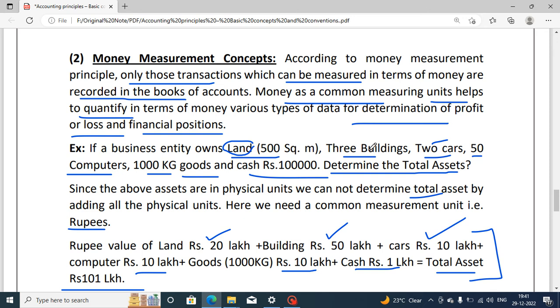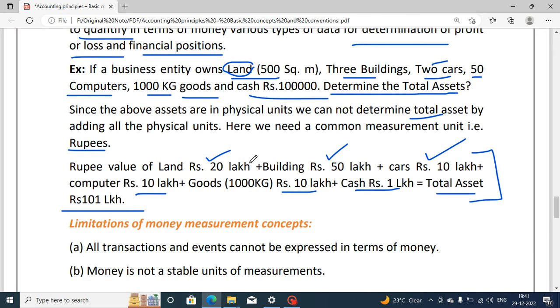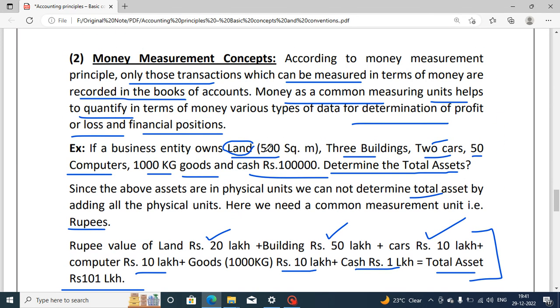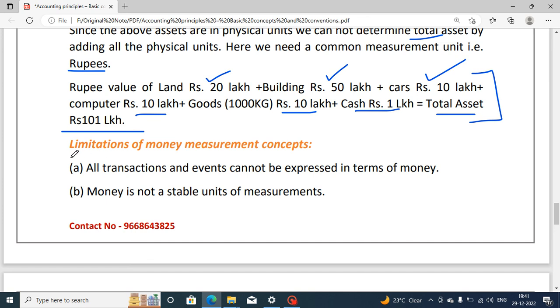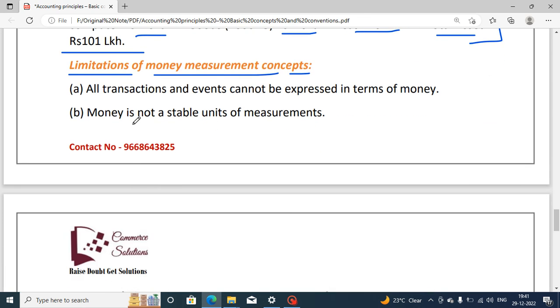So this is all about the money measurement concept, and there are two limitations or drawbacks. The first one is that all transactions and events cannot be expressed in terms of money.